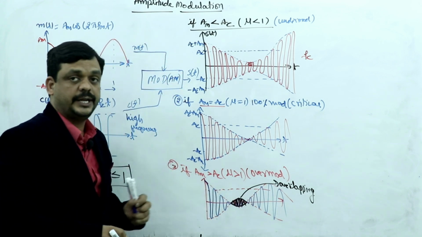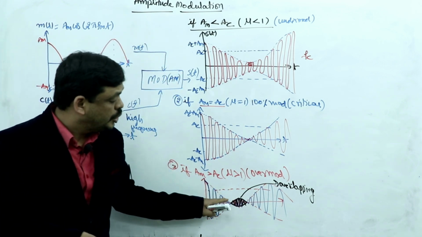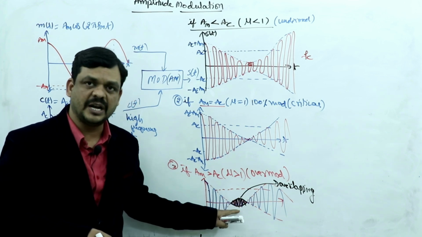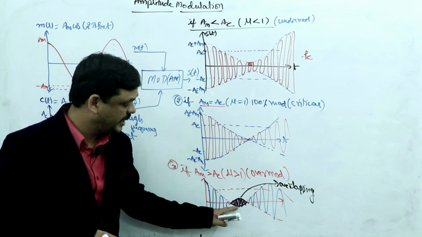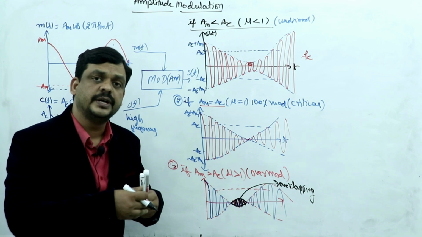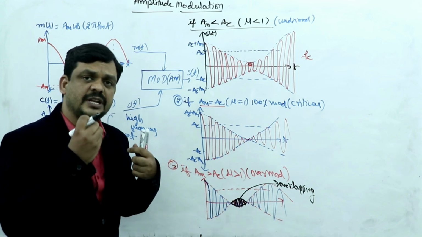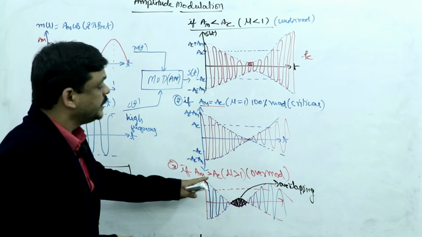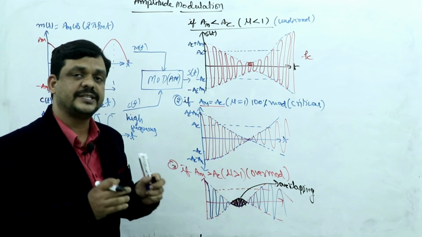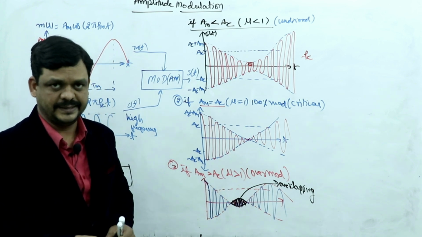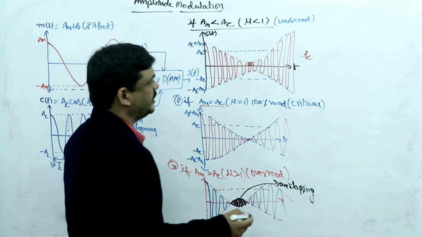But here, the reconstruction process is very difficult because finding this exact amplitude is not possible here. Both the negative and positive overlap here, so finding the exact amplitude is not possible. That's why this type of modulation index is not used in practical cases. So here one drawback is there.